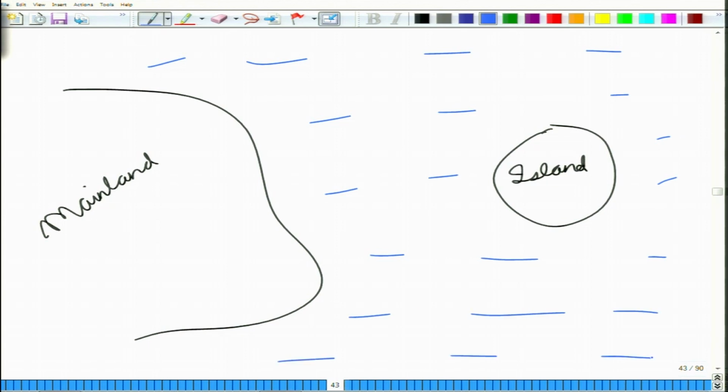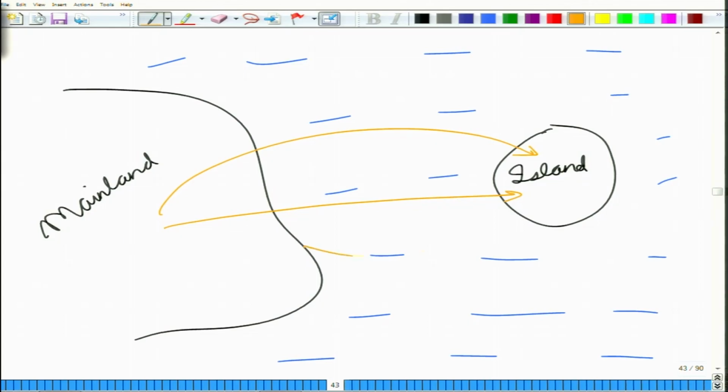Now there will be some birds that will be able to move from the mainland to the island. There will be some small seeds or maybe some small insects that get flown along with wind into the island, but what about the larger animals?